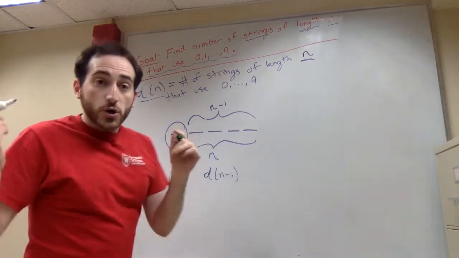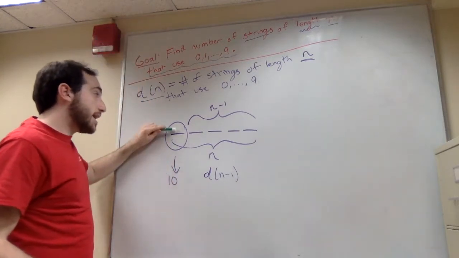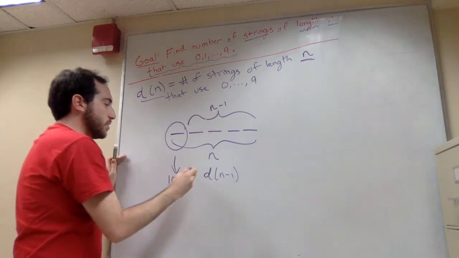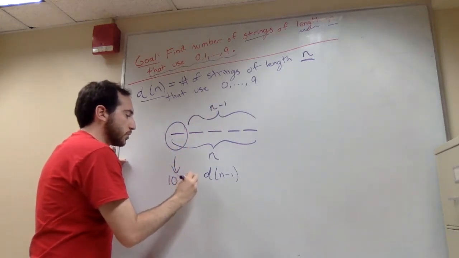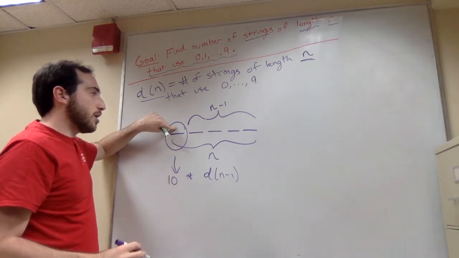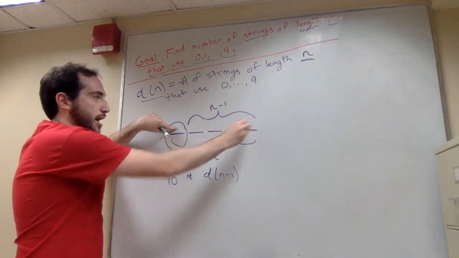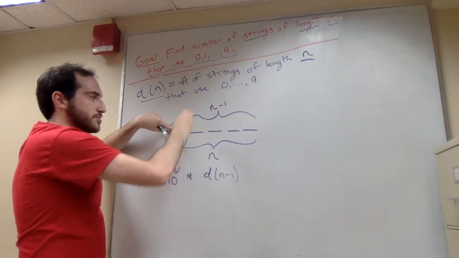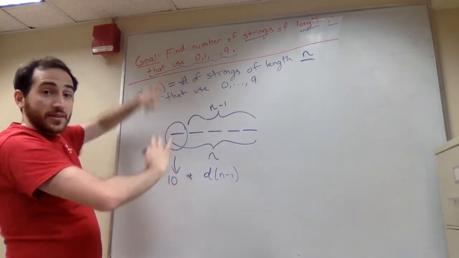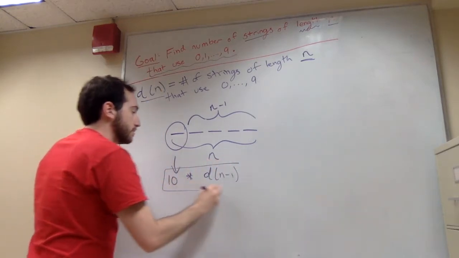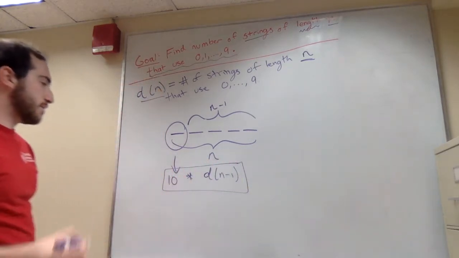And like I said earlier, because we can choose any one of these and pair it with any one of these, we multiply these together to get the total amount. If the first digit's 0, then there are d of n minus 1 options here. If the first digit is 1, there are d of n minus 1 options here. Those are different, so we add them together, and we do that 10 times. So the total number would be 10 times d of n minus 1.